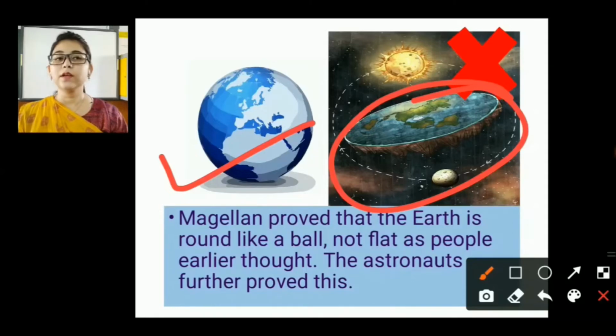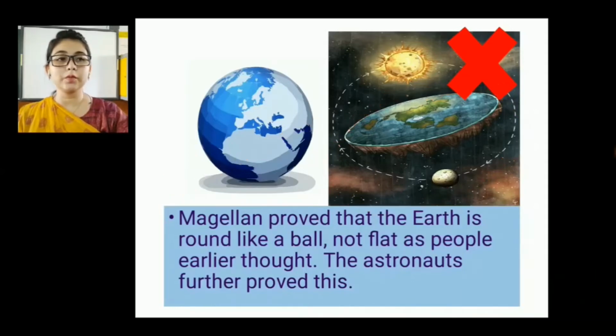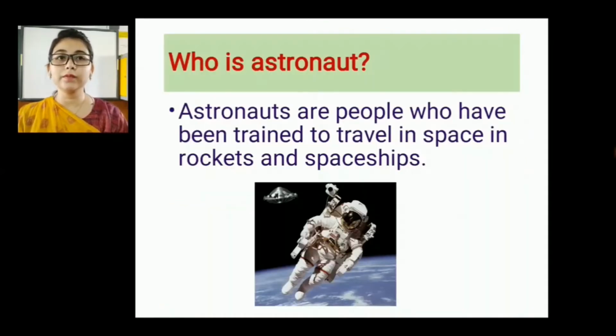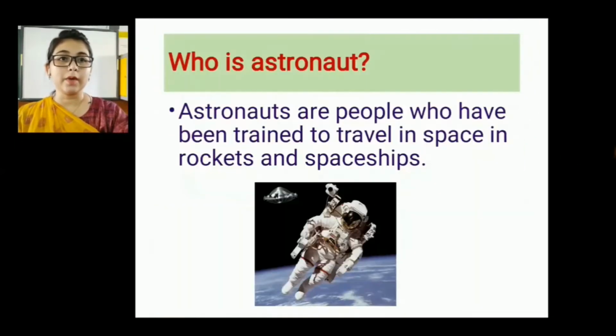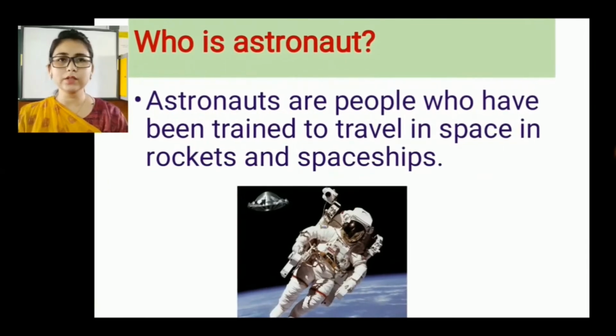After that, some astronauts also proved that the earth looks like a huge ball from outer space. Now let's move on. Now maybe one question is arising in your mind: who is an astronaut? So the astronauts are people who have been trained to travel in space in rockets and spaceships.